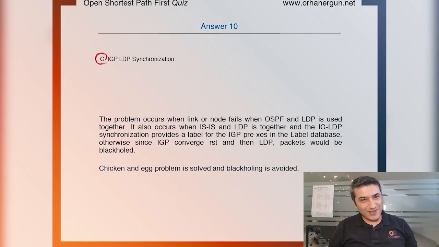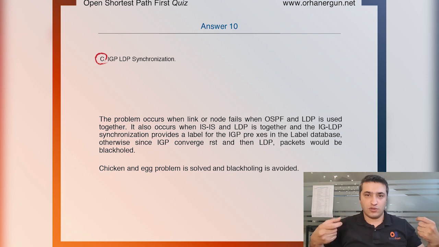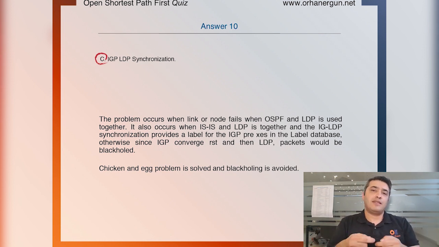IGP LDP synchronization, yes. If you want to take one node down for maintenance, this router needs to signal each and every router that I am going down, and if you are running LDP on the different interfaces of the same router, when there is a failure, nothing happens, so everything goes well.